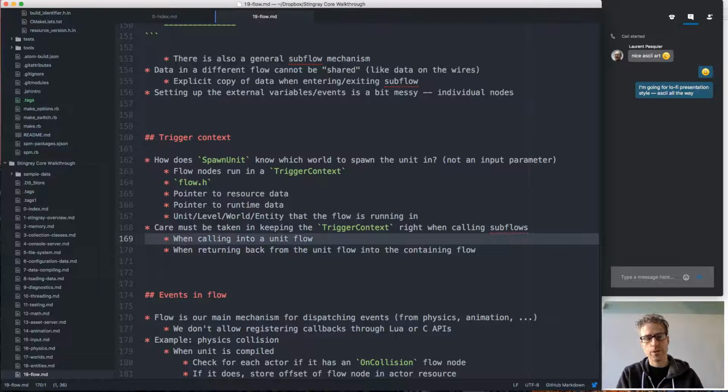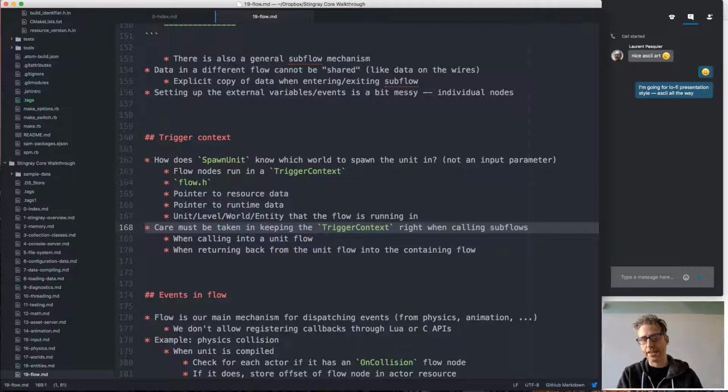So when we're calling into a unit flow, we need to set this unit pointer to the unit that we're currently executing the flow for. And at the same time, when we're stepping back, if the unit flow exits and we get back to the containing flow, then we need to make sure that the resource data and the runtime data point to the right thing, and the unit shouldn't be set anymore because we're no longer executing in a unit flow, and so on.